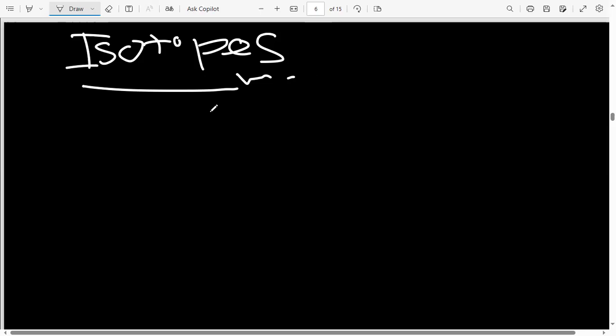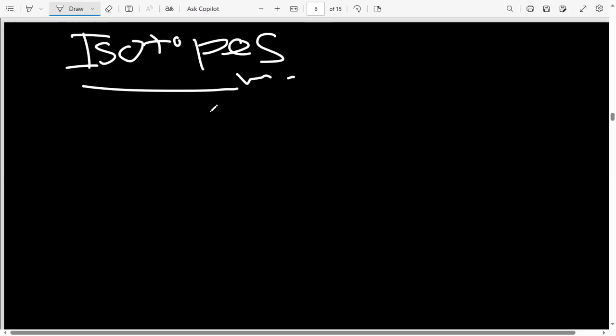So isotopes are atoms of the same element. If I say atoms of the same element, I mean that those atoms all have the same atomic number, or the same number of protons. And then those atoms have different numbers of neutrons.